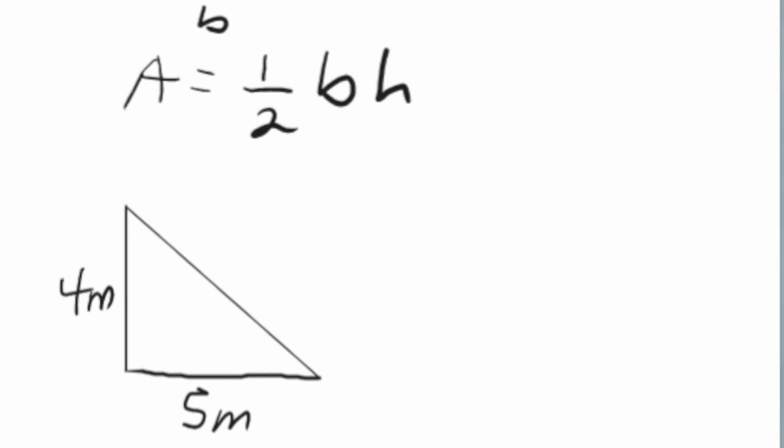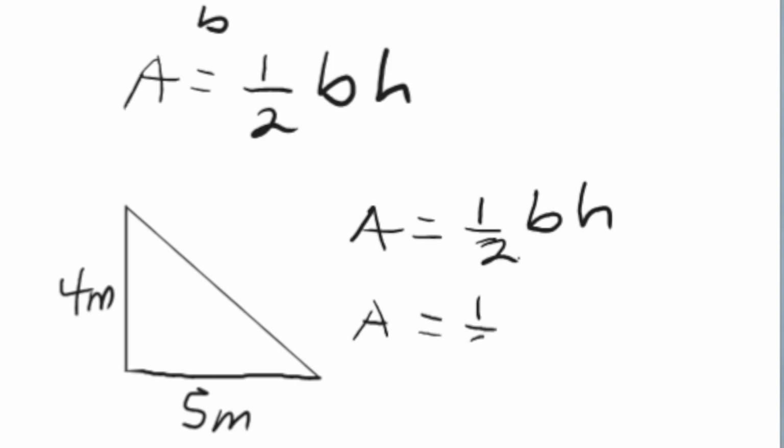The height is the perpendicular height, 4 meters. To find the area of this triangle, area is equal to half times the base times the height. So area is equal to half times 5 times 4.